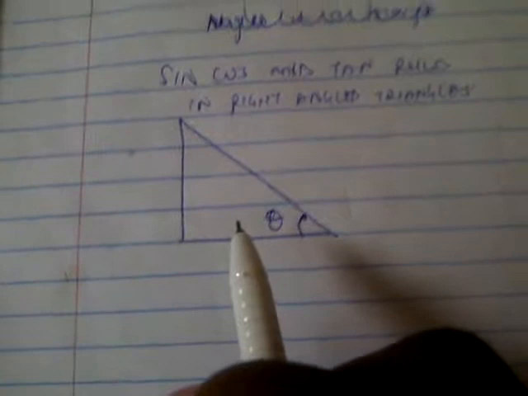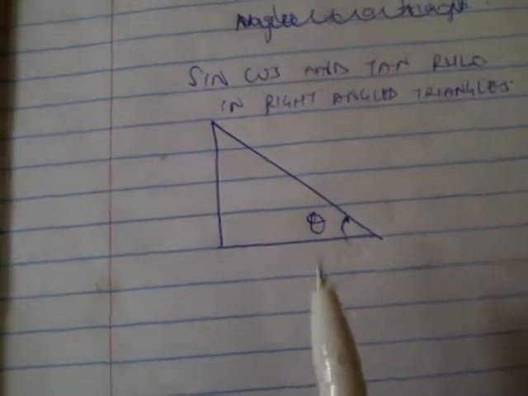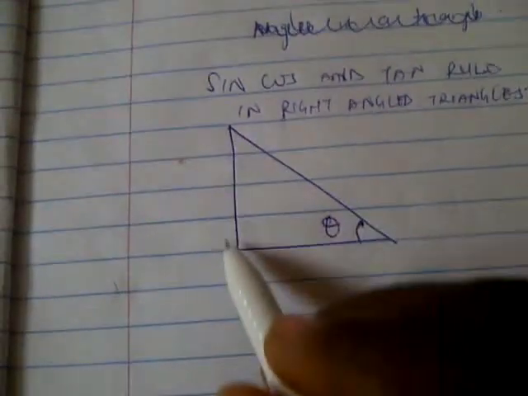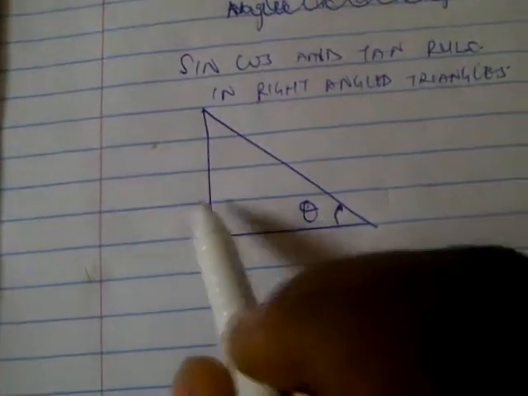Now this will take us to a topic I titled Sine, Cos and Tan Rule in Right Angle Triangles. Now remember that this side in a right angle triangle is called opposite. Why? Because it's opposite this angle.